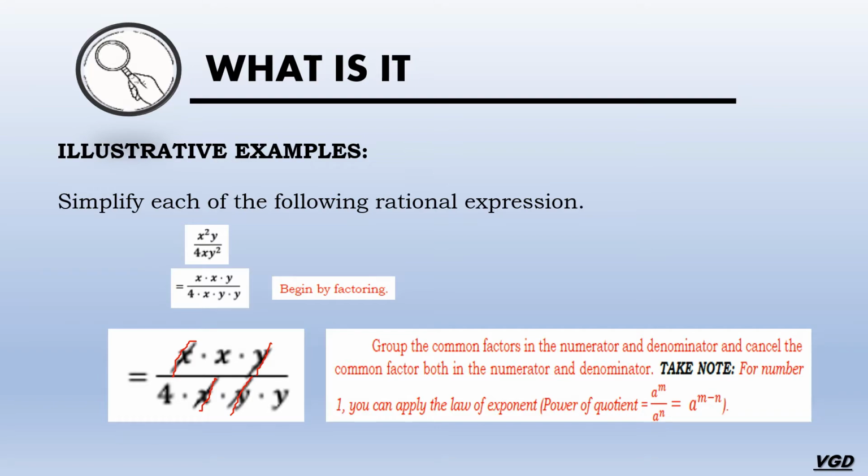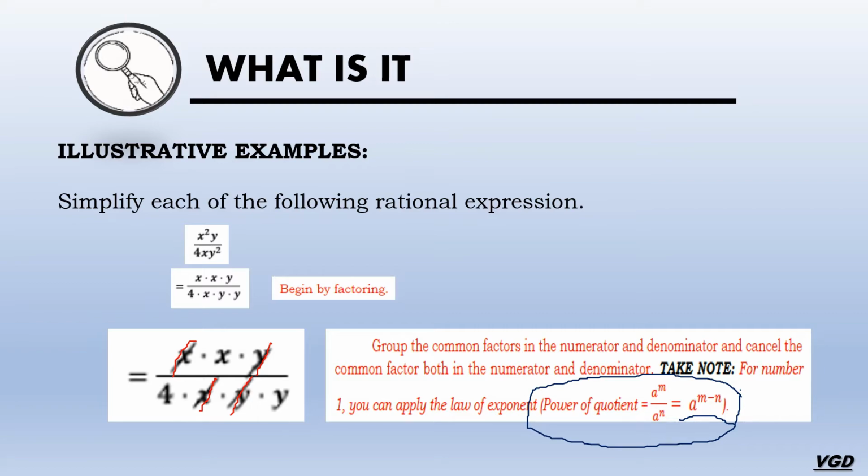Just take note that in this example, we can also use the power of quotient, in which a to the power of m over a to the power of n is equal to a to the power of m minus n. So therefore, we can just subtract the common exponent.